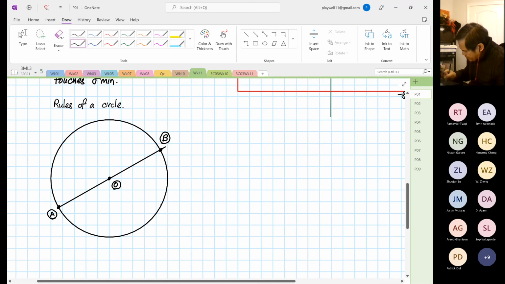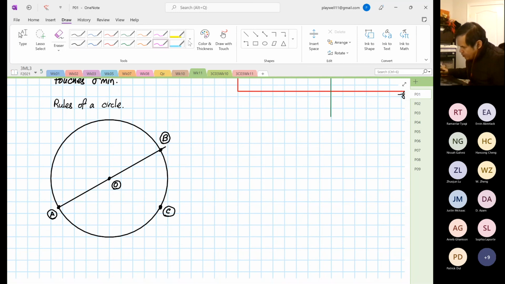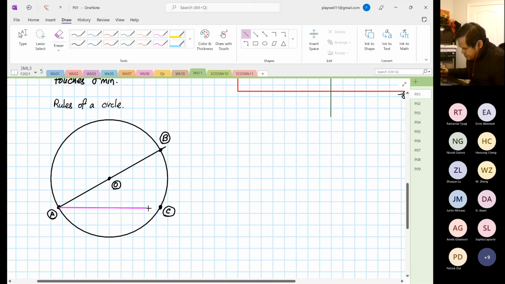My random point is point C. Then I draw a straight line from point A to point C, and point C to point B. So what you realize is that this is 90 degrees.